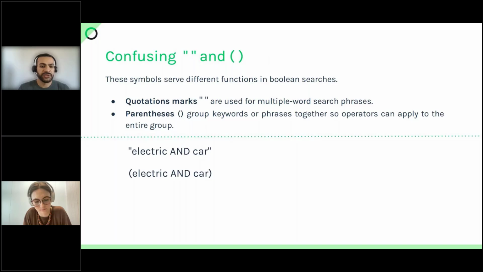Second example, electric AND car. This expression will search for both words anywhere in the text. So this will be the correct usage if you want to find mentions that contain the first keyword, electric, and the second keyword, car, within the same mention.